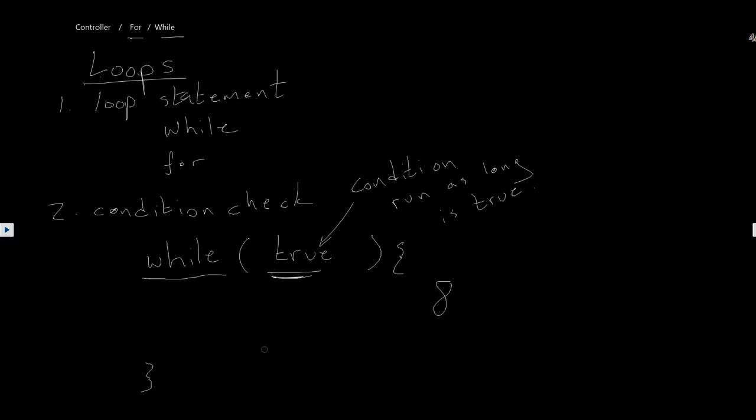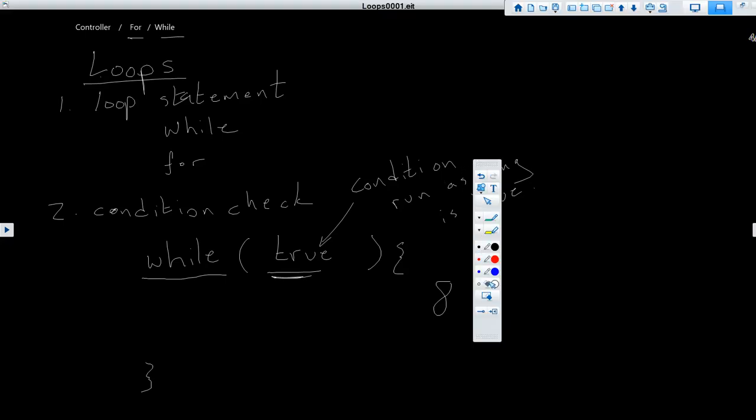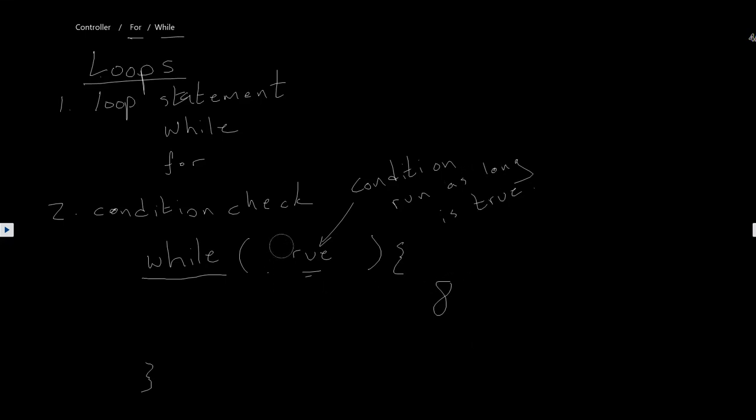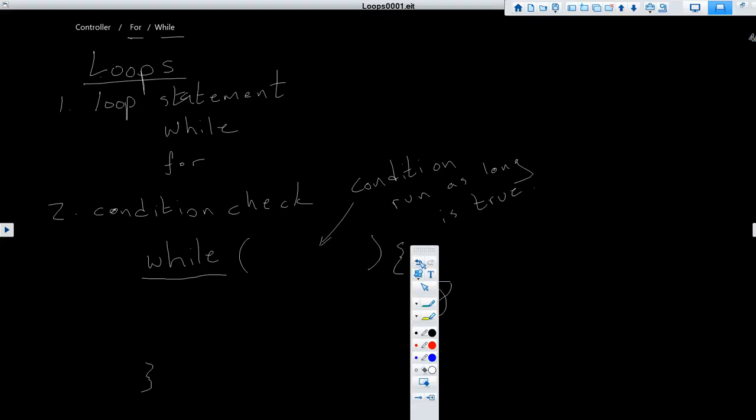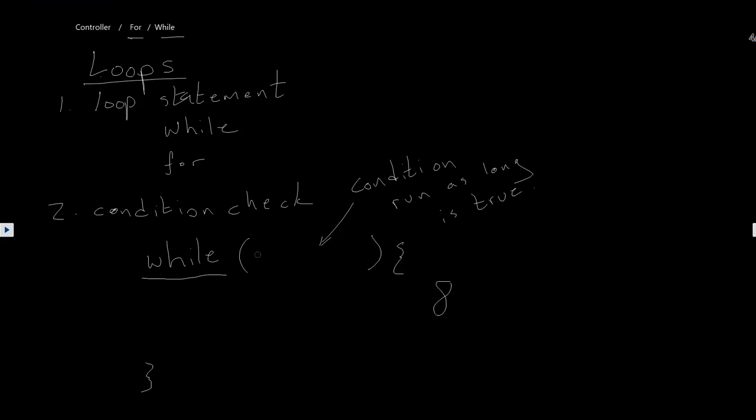Okay. So if instead of true I put x equals 1, now the value of x could change at some point in the code, so then it could exit the loop.